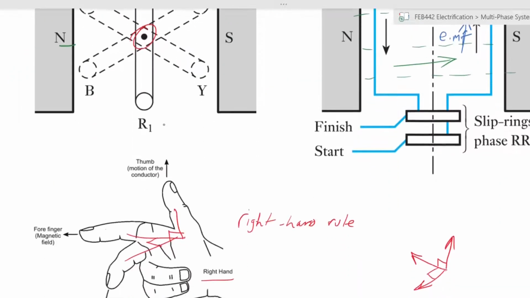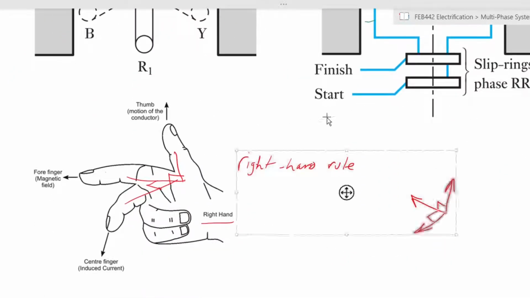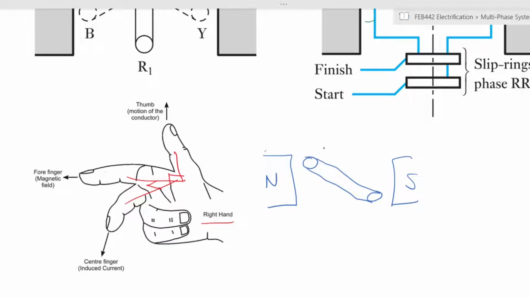But let's take an orientation, same R conductor. It is moving around the same axis, so it is in this direction. But at this particular instant, when it is in this orientation, its movement is there.